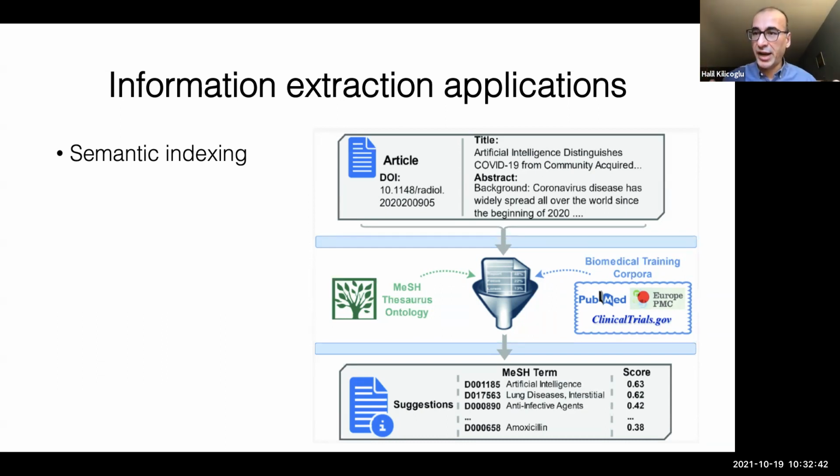We can create indexing terms from a controlled vocabulary like Medical Subject Headings in this case, which is telling us at the bottom here that this article is mostly about artificial intelligence, etc. And this is done through named entity recognition and other related things.